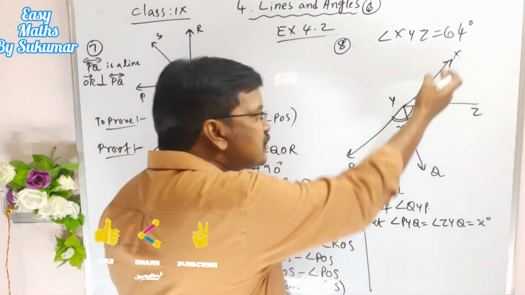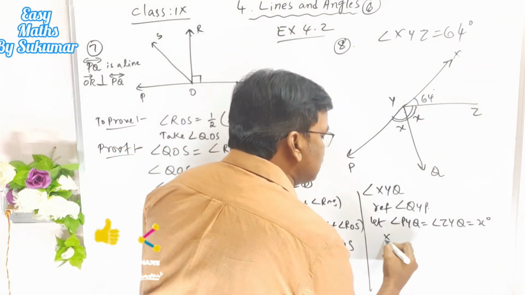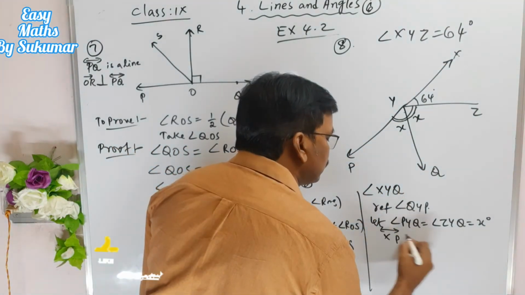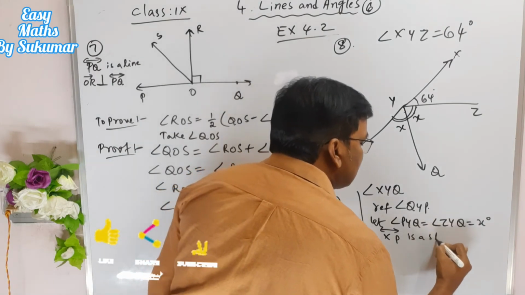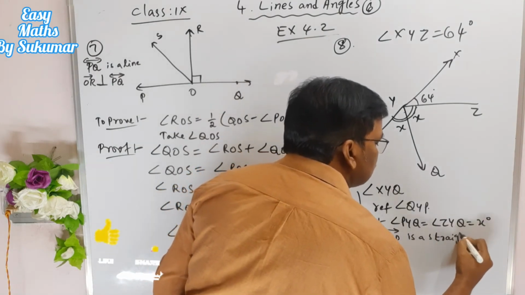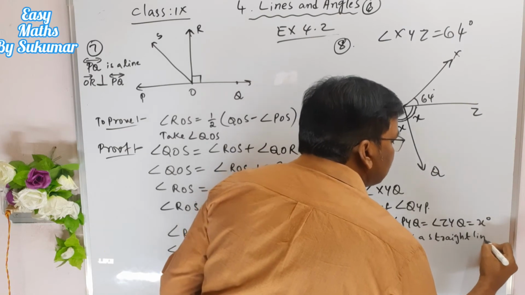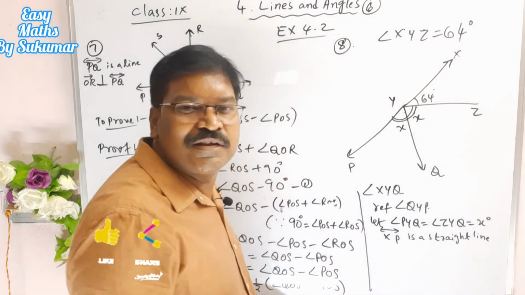But my dear students, this XYP is a straight line. XP is a straight line. Therefore, the sum of the three angles is 180 degrees.